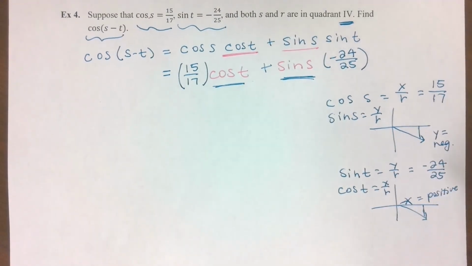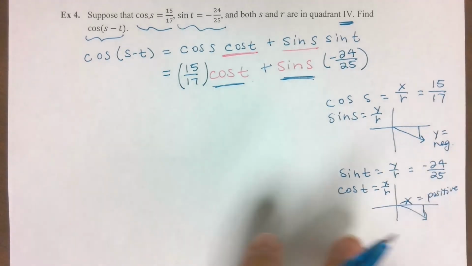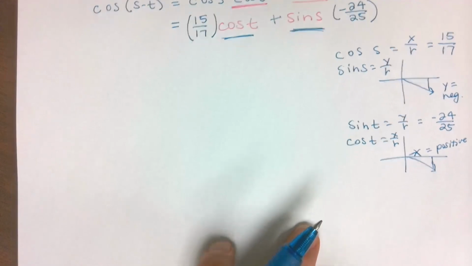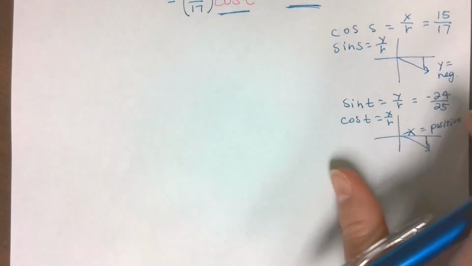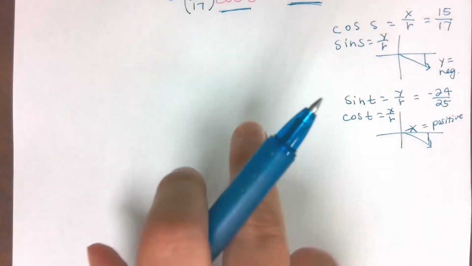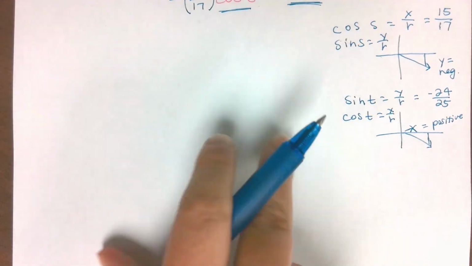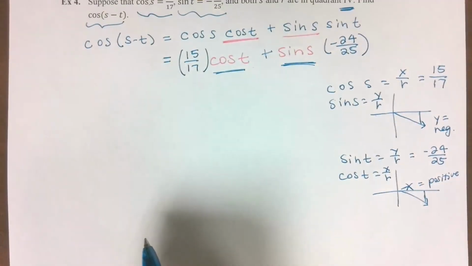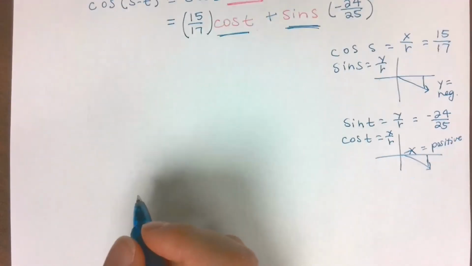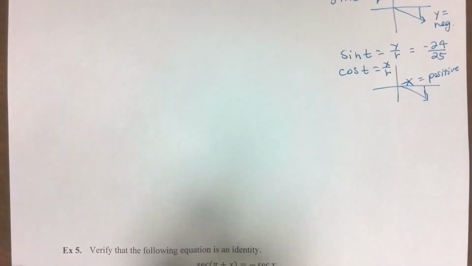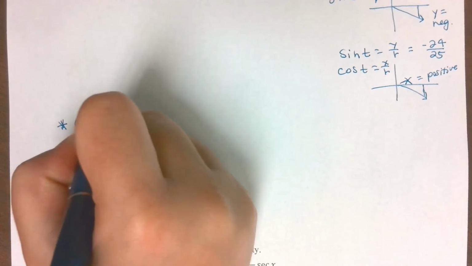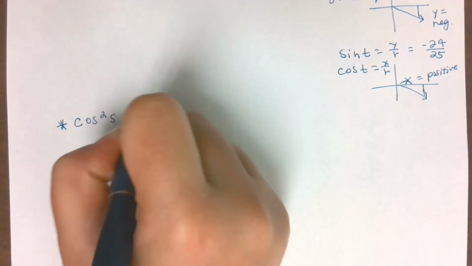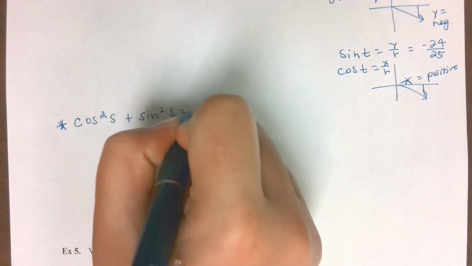The other way you can do it is to use Pythagorean identities. Here's the Pythagorean theorem, but you can also use Pythagorean identities. So I have cosine squared s plus sine squared s equals 1.